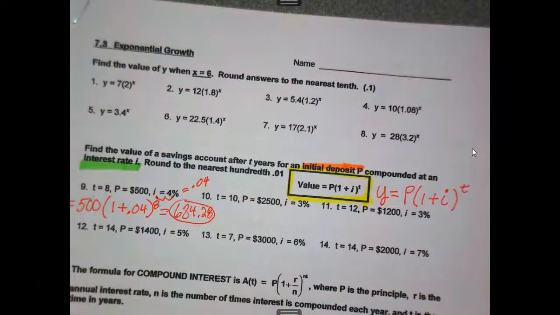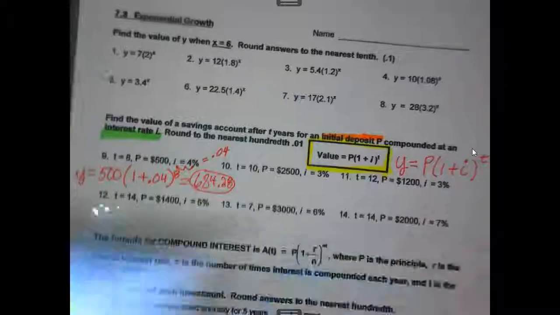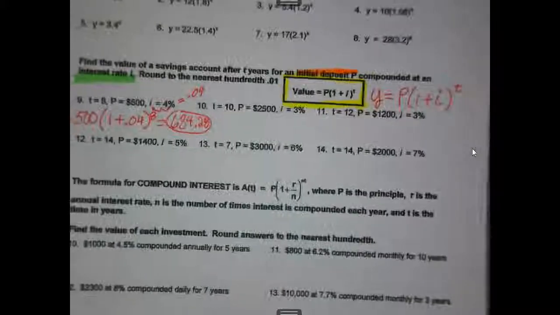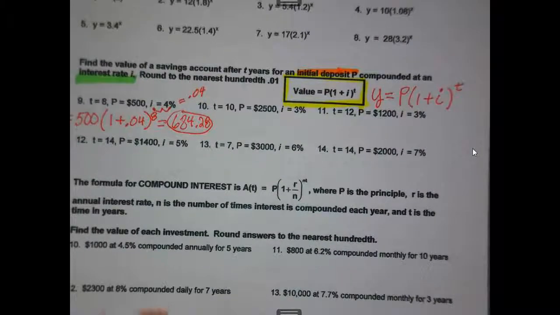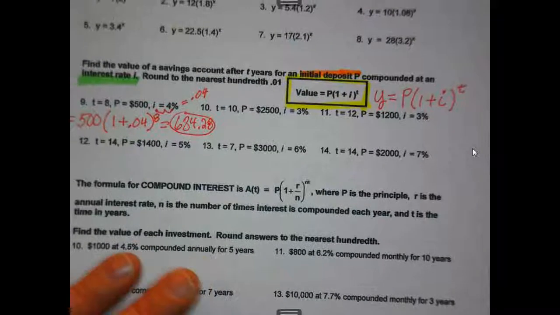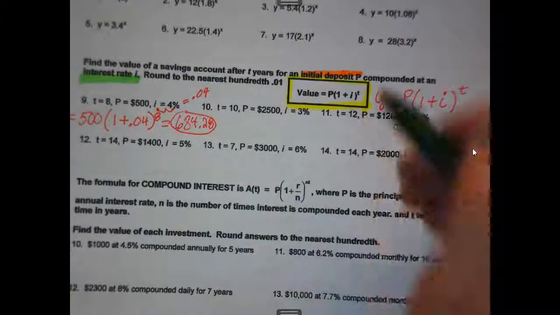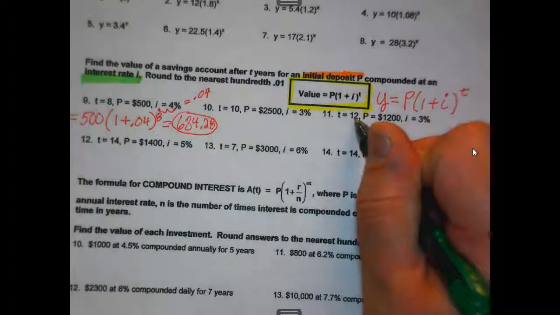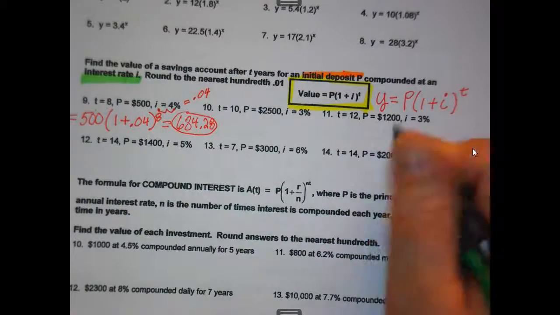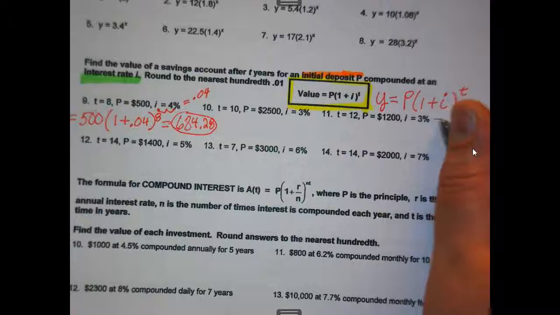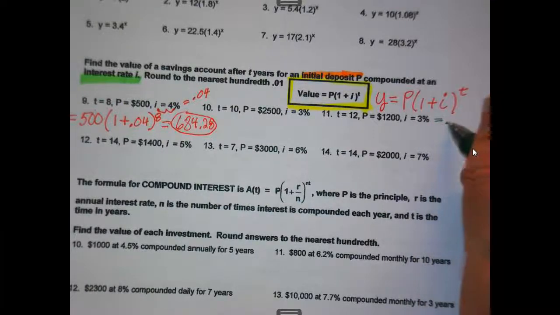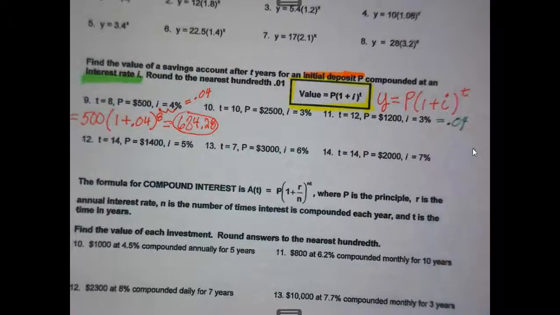Okay, number 11. Number 11, I have my T is 12, my P is 1200, my interest, if I move the decimal over 2 places, is 0.04.